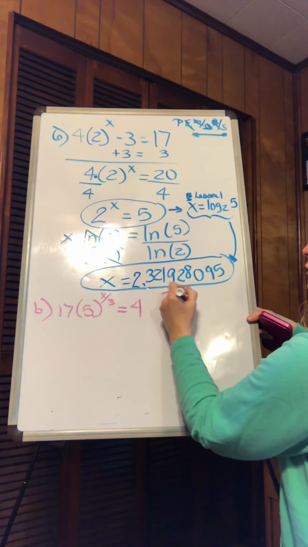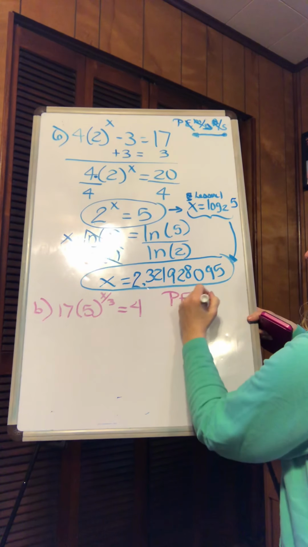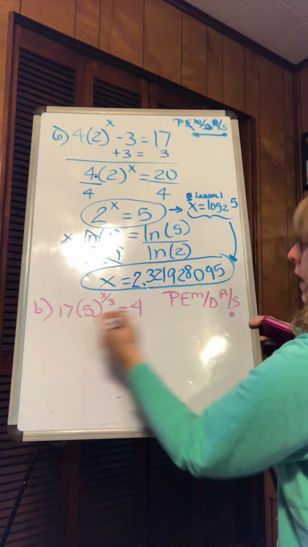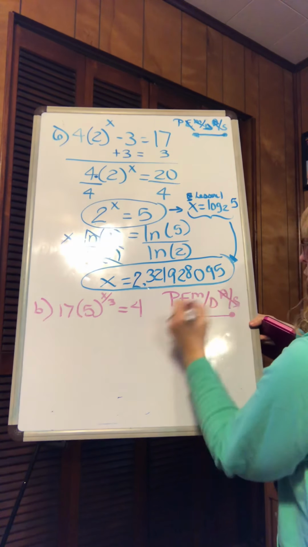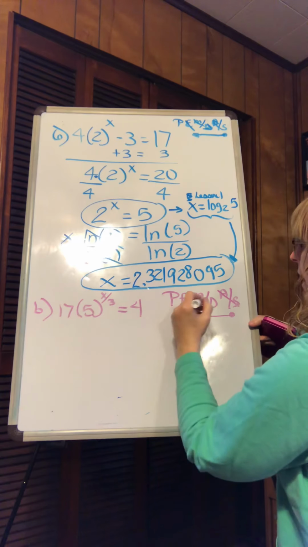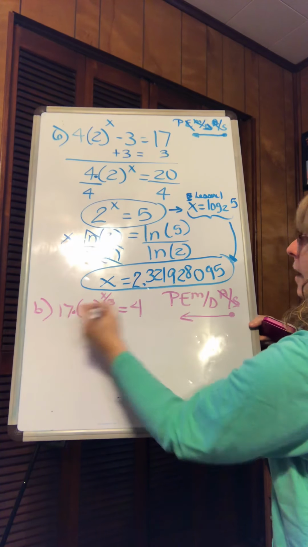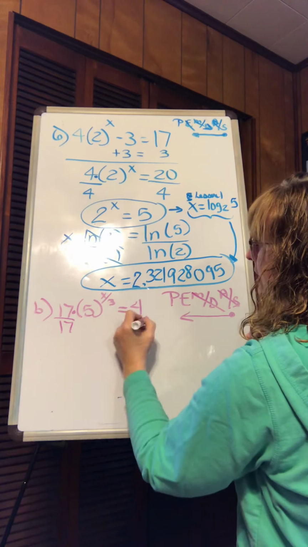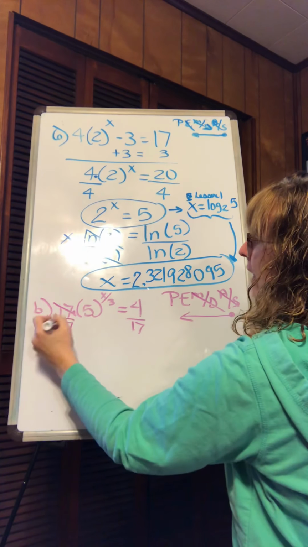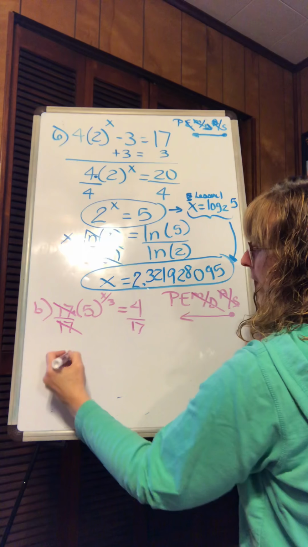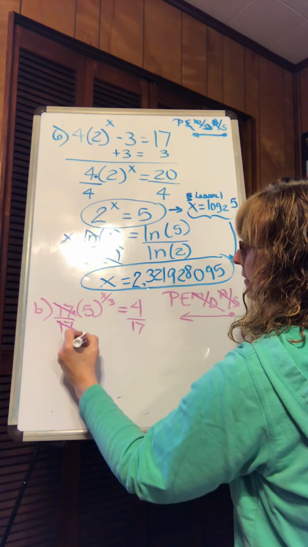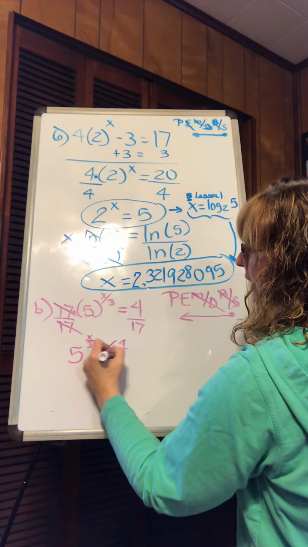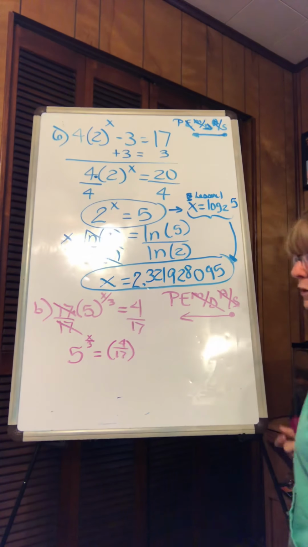PEMDAS in reverse. Start here, no add or subtract, so I don't need it. Here I have multiplication. I'm going to use division. So I'm going to divide by 17. Now, this is a proper fraction. I can actually leave this if I wanted to. And I can just let the calculator do that later, so maybe I'll do that.